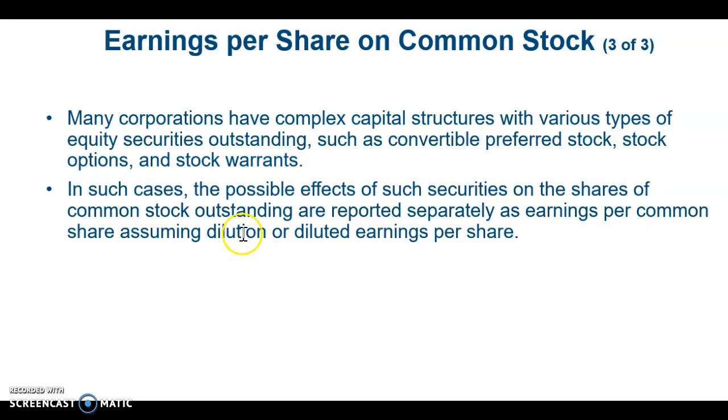In such cases, the possible effects of such securities are reported separately as earnings per common share, assuming dilution, or diluted earnings per share. So these are all different scenarios that I really don't want to get too deep in. All I want you to know is how to calculate earnings per share of common stock.